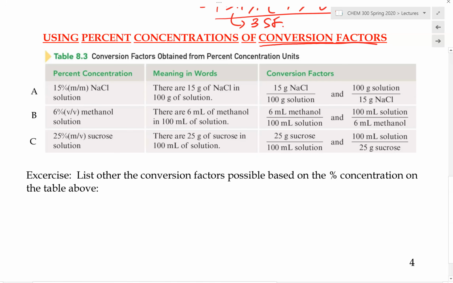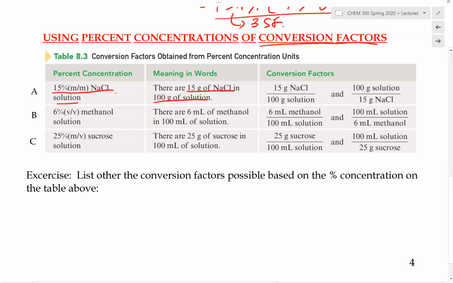And here are a few examples. If we were to have a 15% by mass NaCl solution, then this means as follows. If I were to have 100 gram of solution, there will be 15 gram of NaCl in it. So that's the meaning of this percent concentration.